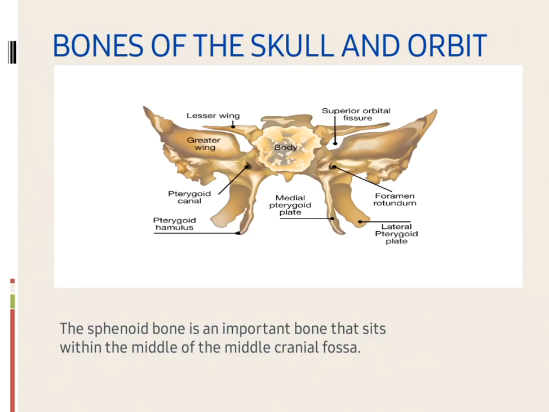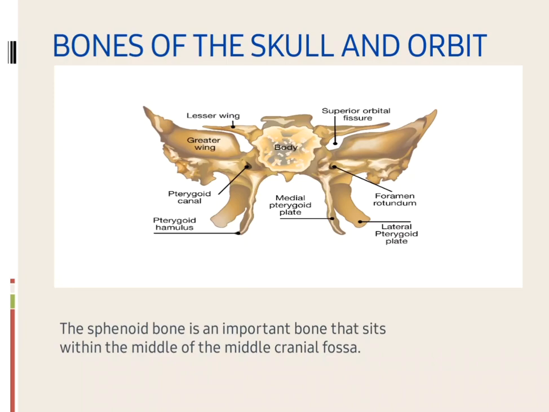The sphenoid bone is an important bone that sits within the middle of the middle cranial fossa. So this sphenoid bone on the picture resembles a bat. We have the lesser wings, which can be seen on both my left and my right upper part, those small, and we have the greater wing.